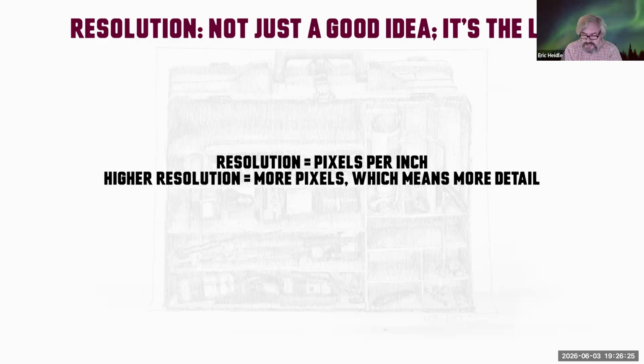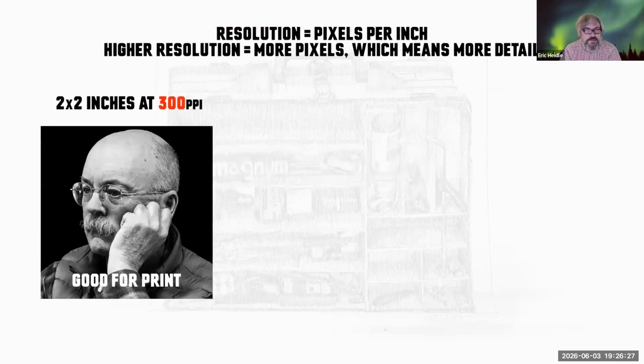To demonstrate it, it can be hard to wrap your head around. I know it's kind of a common concept, but to figure out what it really means, you have to compare apples to apples. So here's an image. If this image were on a sheet of paper at 2 by 2 inches at 300 pixels per inch, you would have a really great quality at that size. You'd have a really great 2 by 2 inch picture.